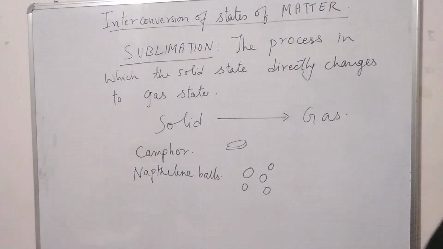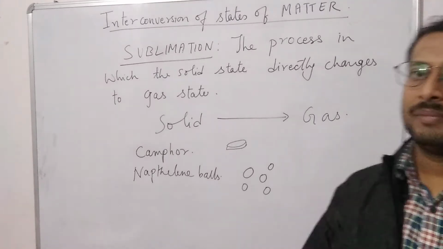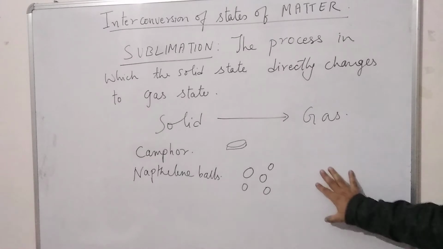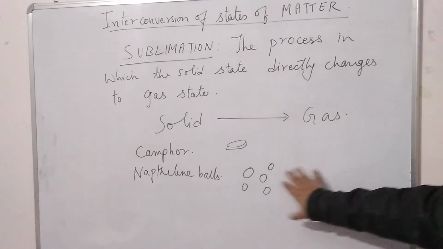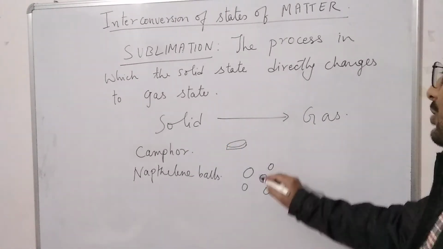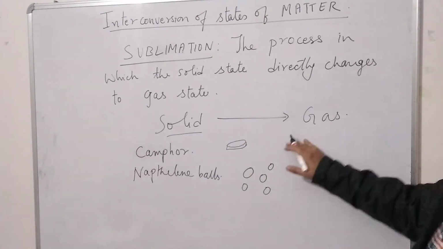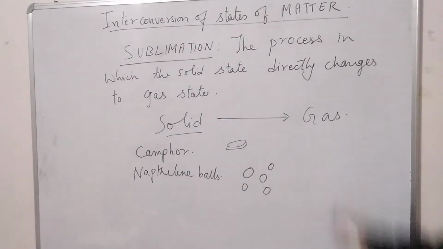You can find them in your almirah, in your trunk at home. So what happens to these? They are in the solid state, and without going to the liquid state, they directly change into gaseous form. So this is sublimation.